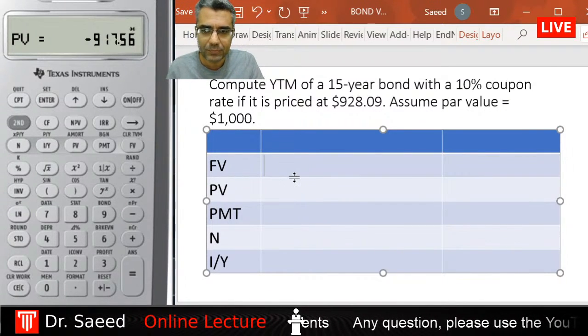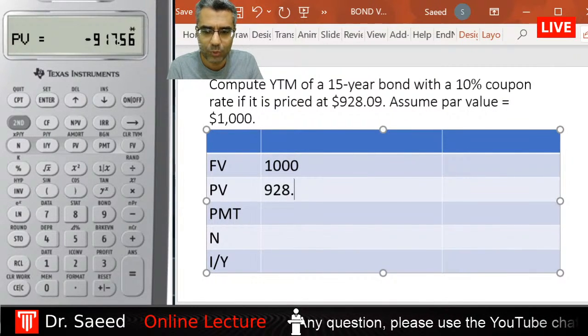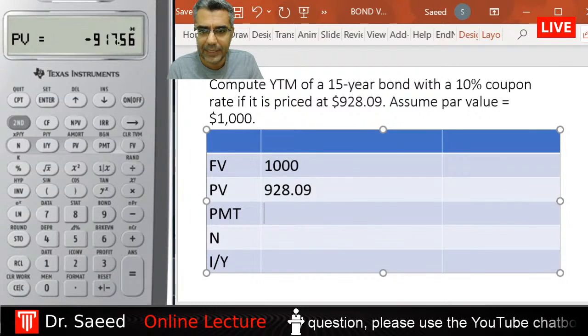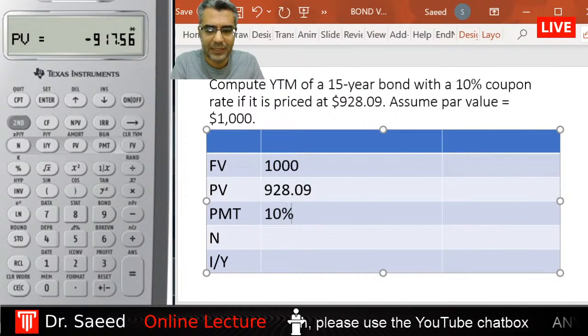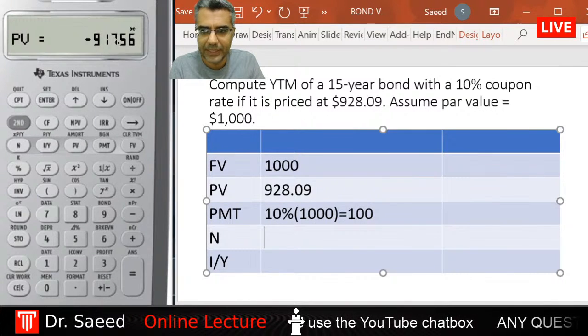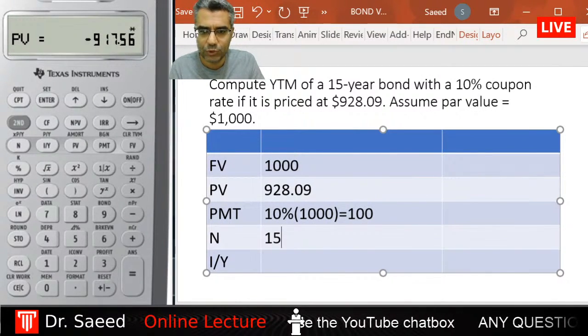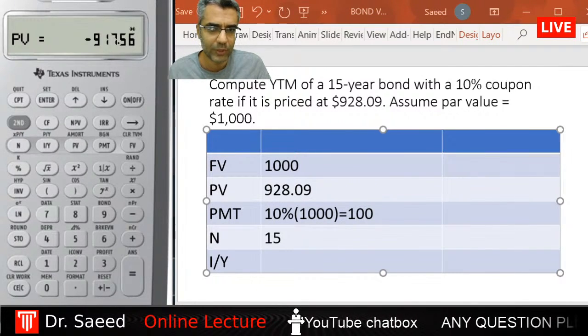Now, here $1,000 future value, and what is the present value? 928.09, and payment. So it's the same question. Coupon payment 10% of $1,000 means $100. Then N is 15 periods till maturity, and now we want to compute yield to maturity. So again, we reset the financial calculator.